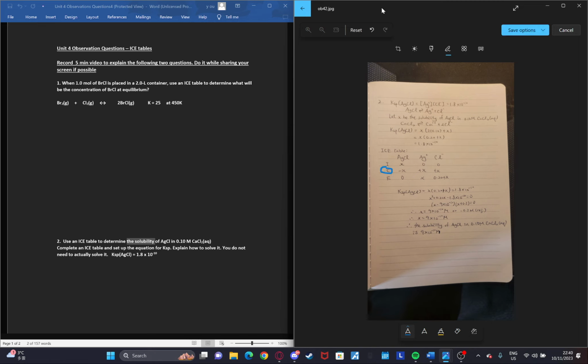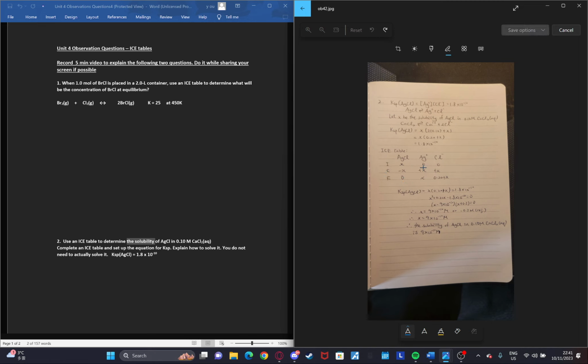So for the change, because AgCl is going to dissolve in CaCl2, it's going to be minus x. So it's going to be 0 for the equilibrium. And for the change of the two ions, they're going to add what the AgCl has lost. So both of them are going to add plus x of the concentration.